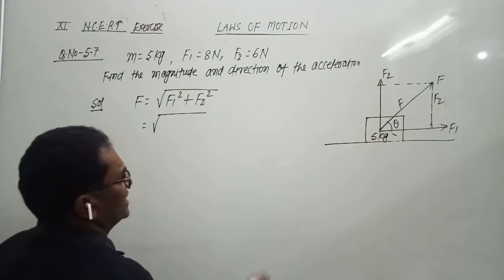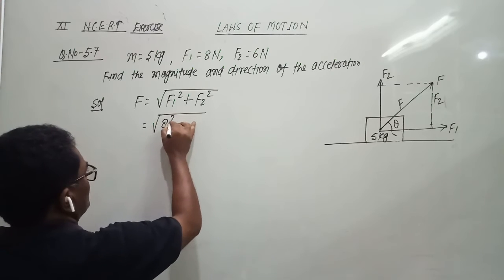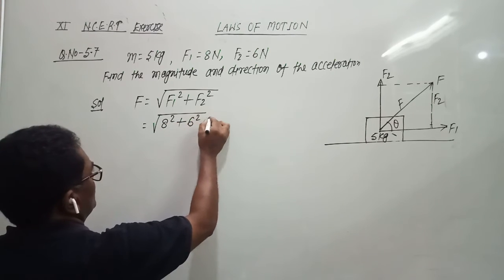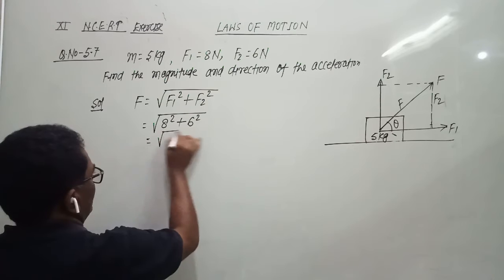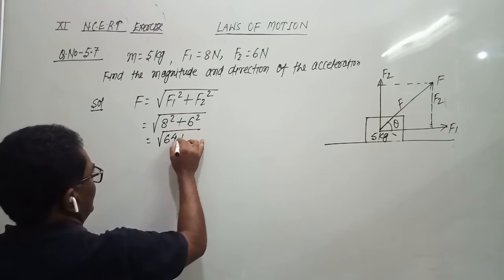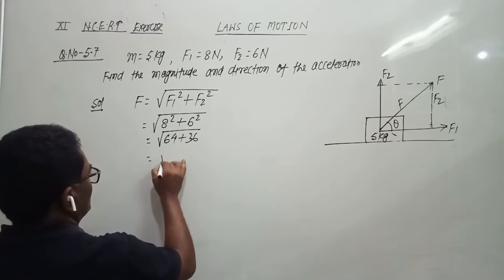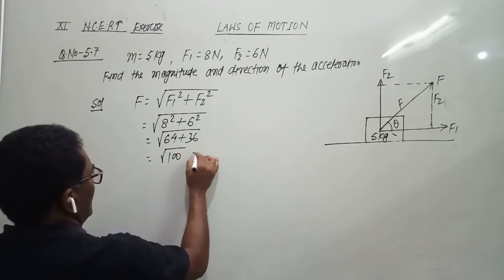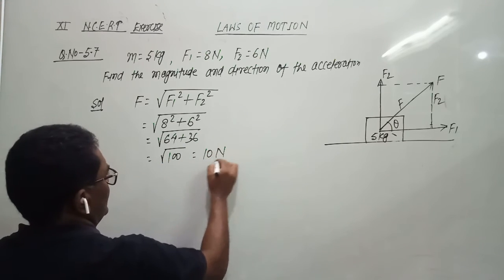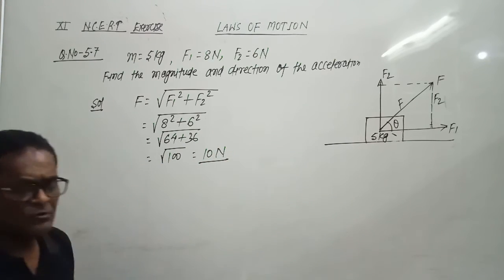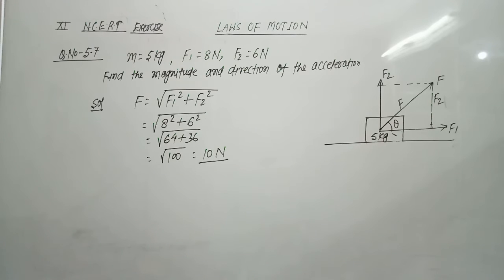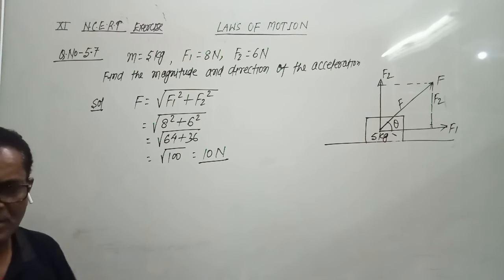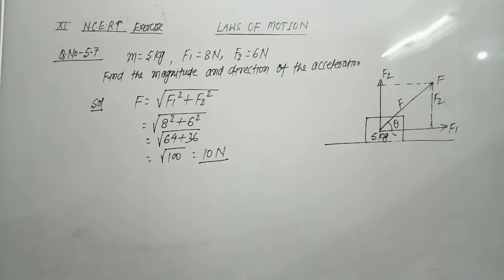The value of F1 is 8 Newton, so 8 square, and the value of F2 is 6 Newton, so 6 square. So 64 plus 36, that is root over 100, and F equals 10 Newton. So 10 Newton is the resultant force when the two forces F1 and F2 are perpendicular to each other.